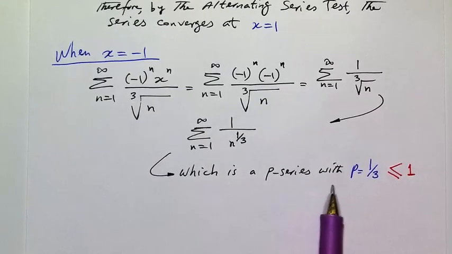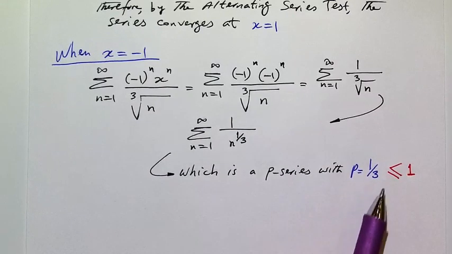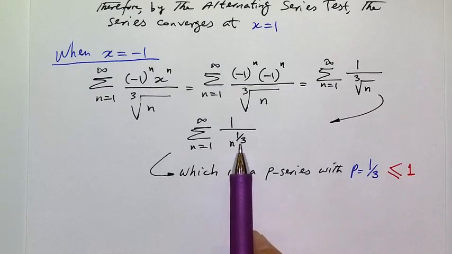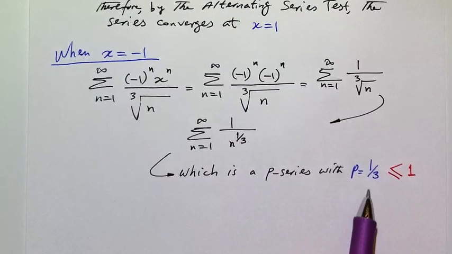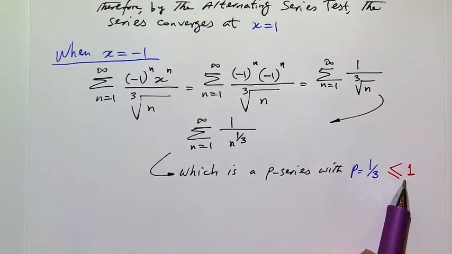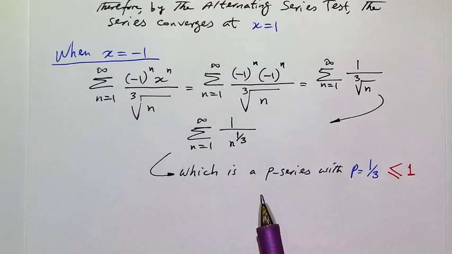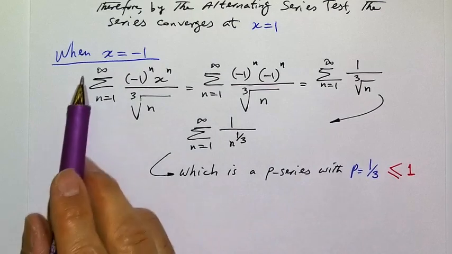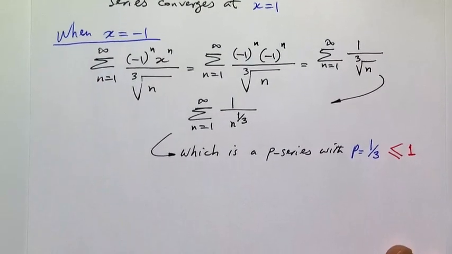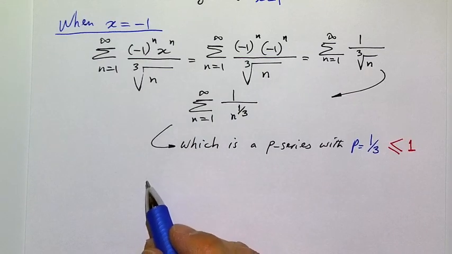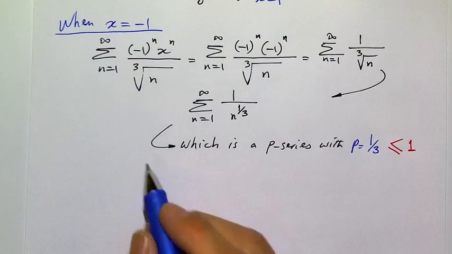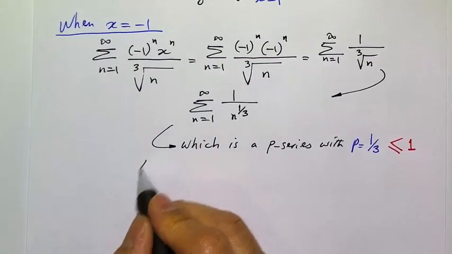For the P series to converge, this P, or the power, should be greater than 1. But it is less than or equal to 1. So the series diverges at x equals -1. So let me write that down.